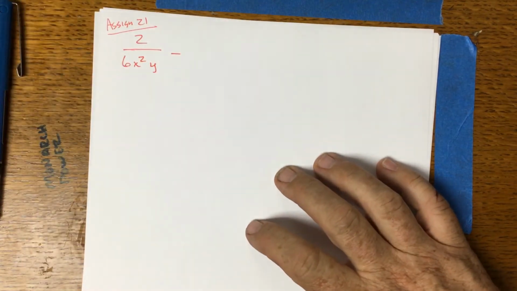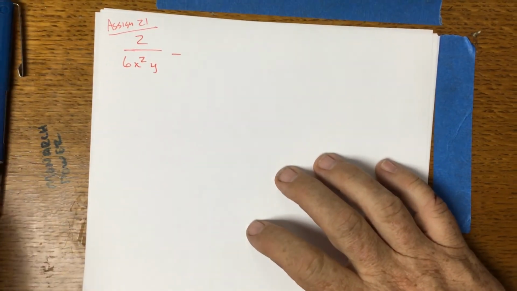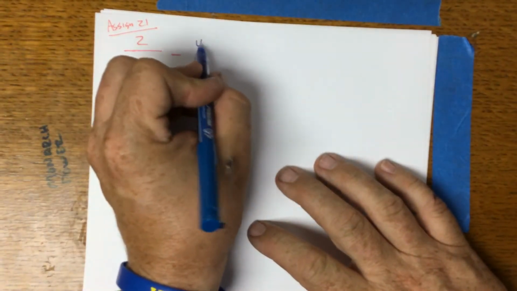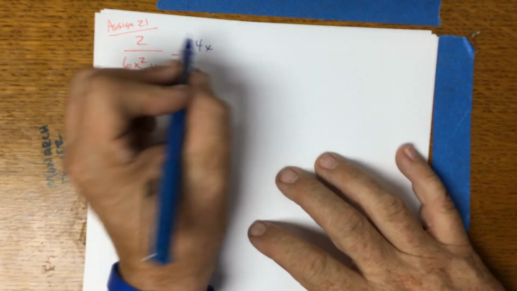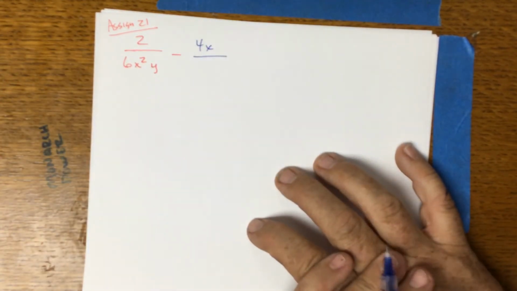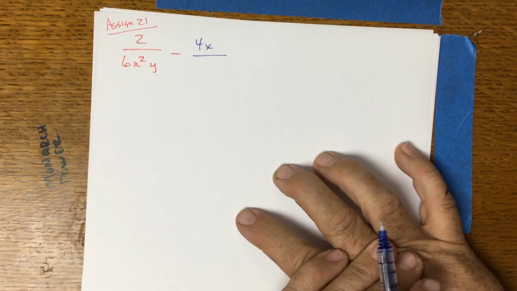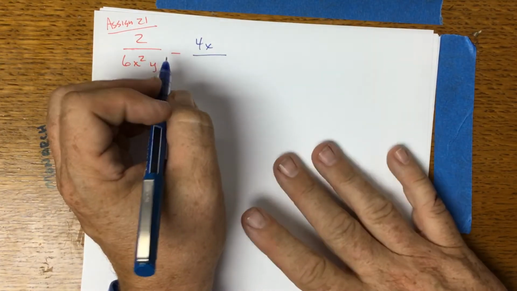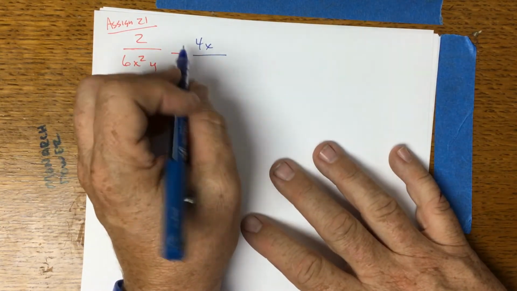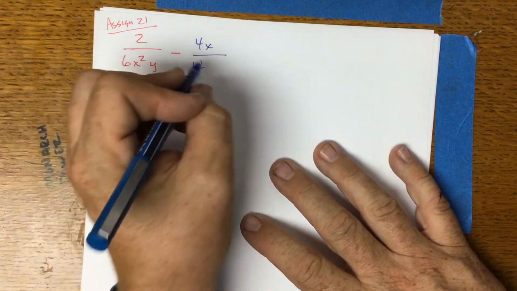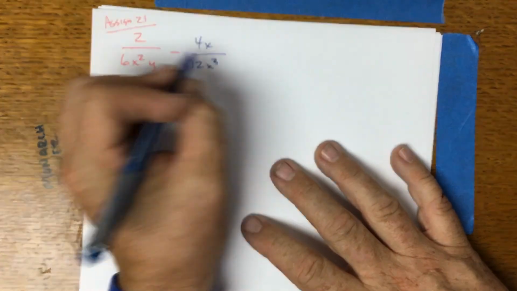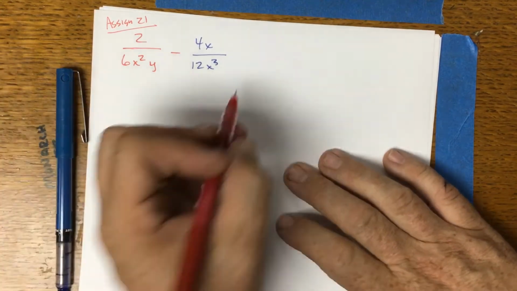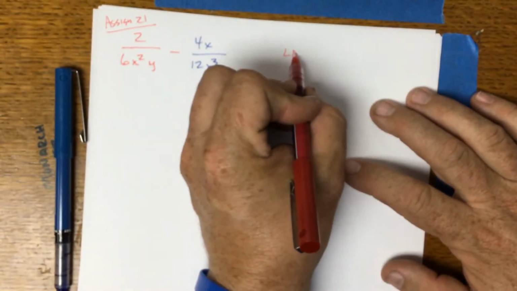And this is subtracting and adding rationals, and then let's do it in a different color. Let's do 4x, and then we've got, let me think about this here. Let's do 12x cubed, and that's it.